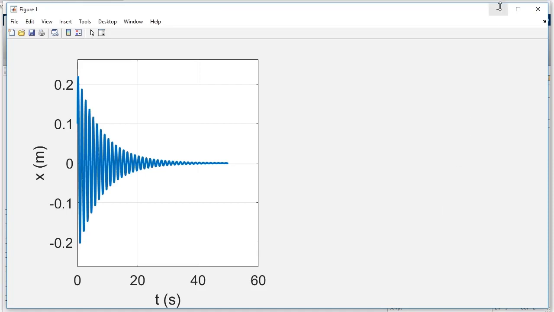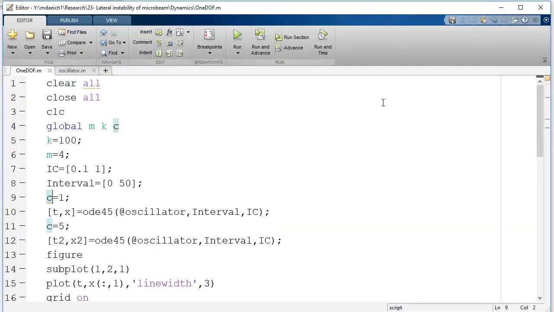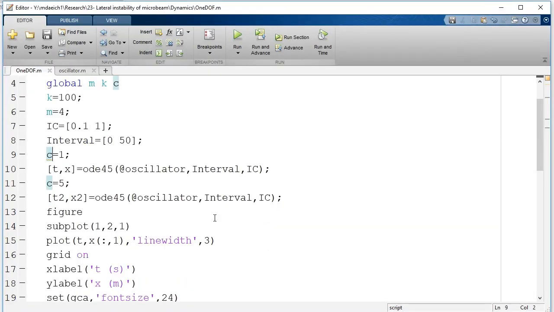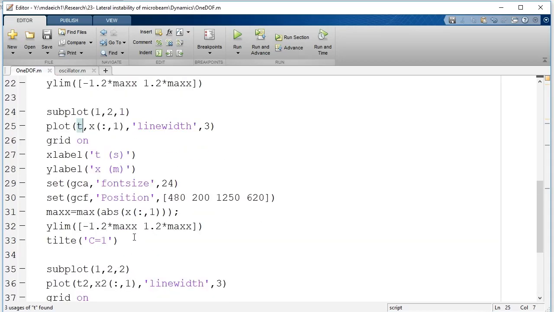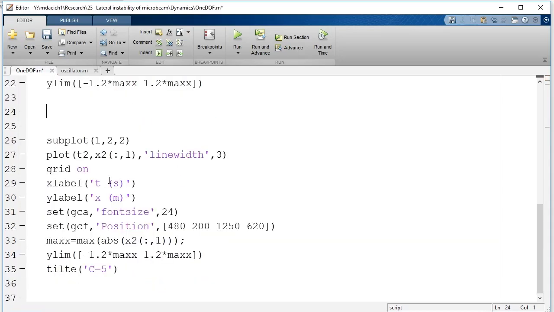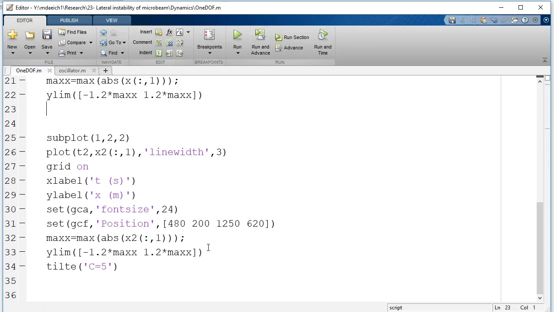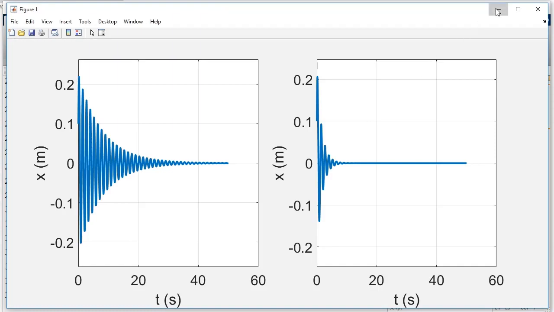See what we get. Oops, we got an error here. So I should say for the, oh, we copied this twice, so yes, here. Oops.